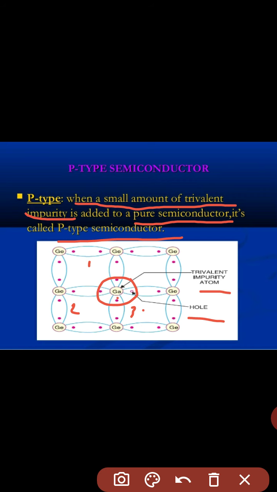So here holes are the majority charge carriers. As these impurity atoms are ready to accept an electron so as to complete their fourth covalent bond, such impurity atoms are called acceptor impurity atoms. So P-type semiconductor is formed by addition of trivalent impurities.